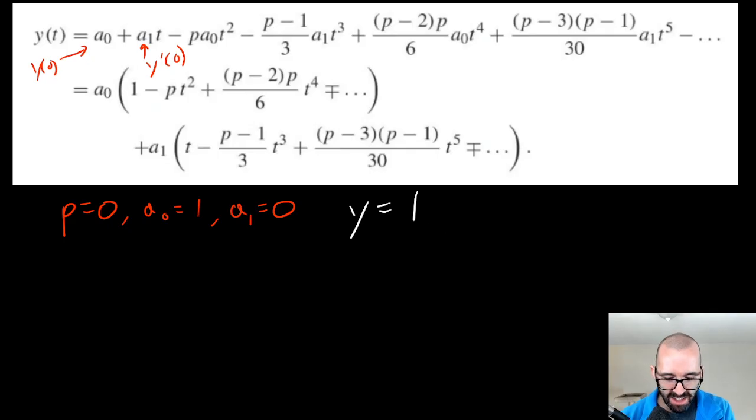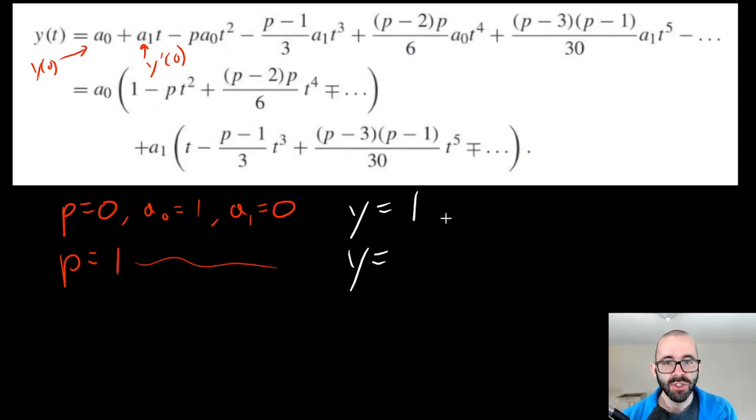That's neat. And look what happens if p is equal to 1. What do we get? And again, the same initial conditions. Well, if p equals 1, you could follow the same line of logic. This is 0 plus 1. And then if p equals 1, we get minus t squared. And then p is 1, so this is 0. All right. And then we go over here.